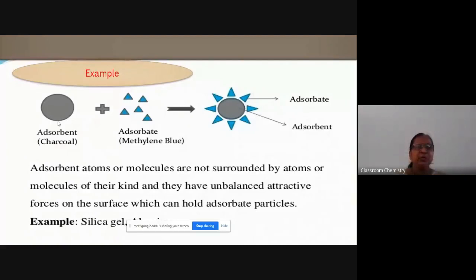It happens due to the adsorption, that is the molecules of the dye are adsorbed on the surface of the charcoal. That is this figure shows that these molecules are adsorbed on the surface of this charcoal. That is the substance being adsorbed is known as the adsorbate, and the charcoal, that is the surface on which that substance is adsorbed, is known as the adsorbent.